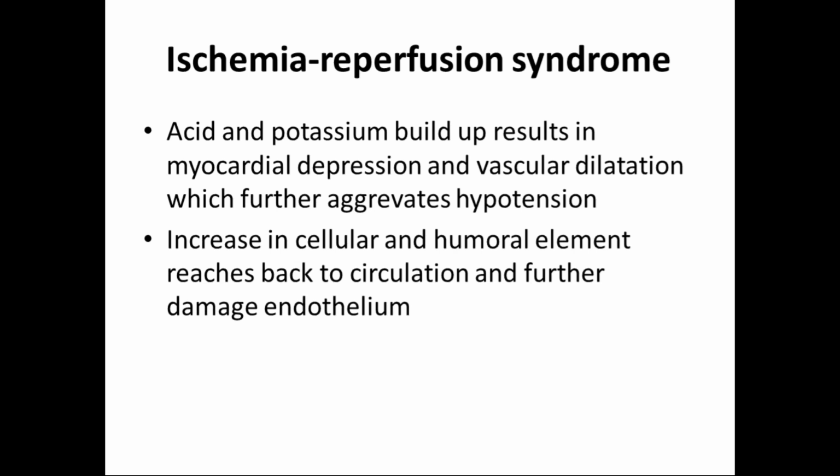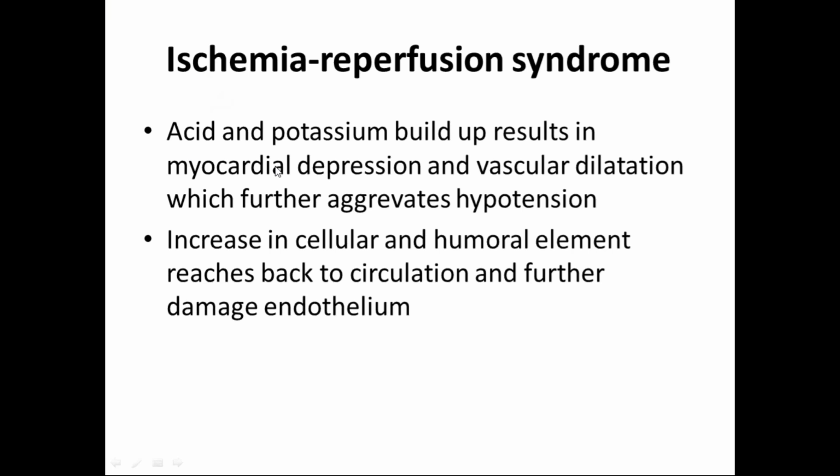So what is happening in a period of ischemia? Remember ischemia reperfusion syndrome. When an episode of ischemia is there, the changes occurring in the body are, as I told you previously, acid and potassium accumulation leading to myocardial depression and vascular dilatation, which further aggravates hypotension.